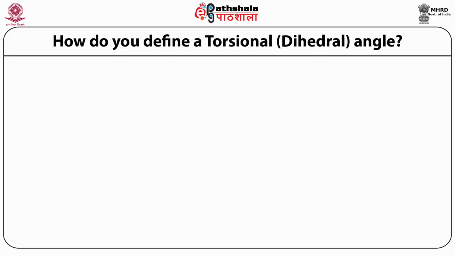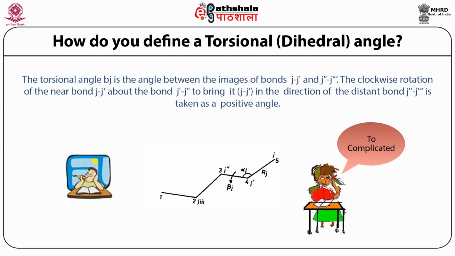How do you define a torsional or a dihedral angle? First, both these terms, torsional and dihedral, are used interchangeably. The torsional angle beta j is defined as the angle between the images of bonds jj' and j2j3'.